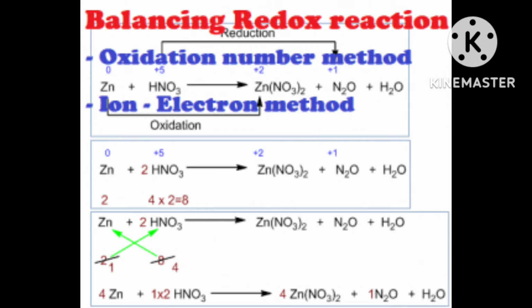Then on the left side you have to write 14 hydrogen, 14 H+. Then now see, right side also 14 H+, left side also 14 H+. Both will be cancelled. Okay. And oxygen is balanced.